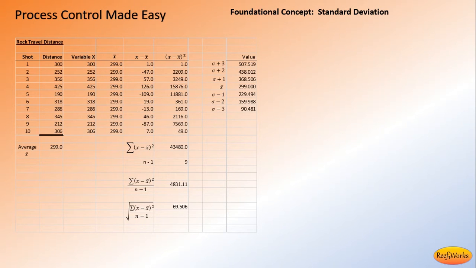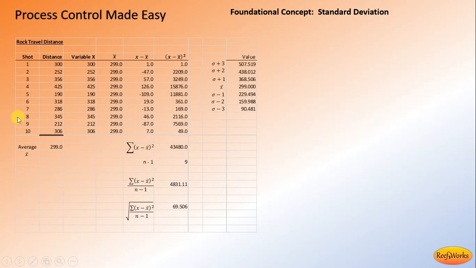Then we go through all 10 and do each one individually, and then we come down to this ugly looking son of a gun here, and that big sigma stands for the sum of X minus X bar squared. In this case, it's 43,480. Then we take the number of shots, which is N, minus 1. So we have 10 shots minus 1 equals 9.